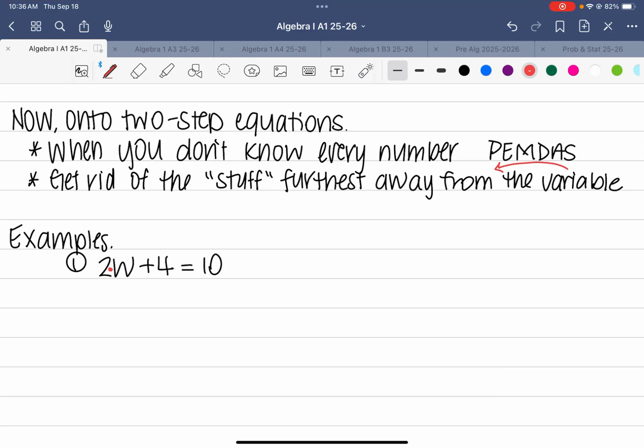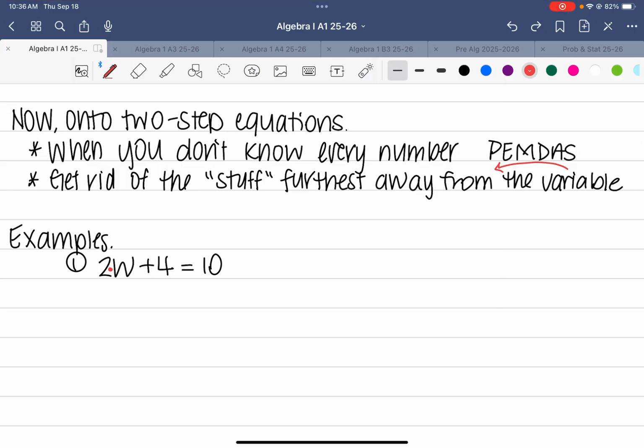So according to the 2 hints, what are we going to get rid of first? Are we going to get rid of the 2? We're going to get rid of the 4. Well, according to PEMDAS, we're going to go backwards, remember? We're going to go backwards. So, do I do parentheses, exponents first, multiply, divide first, or do I add and subtract first? You're going to add or subtract first.